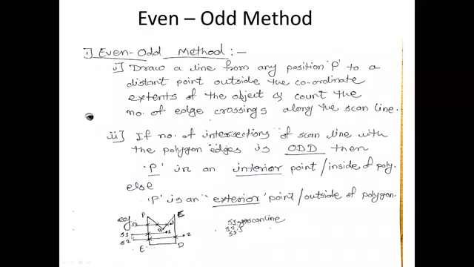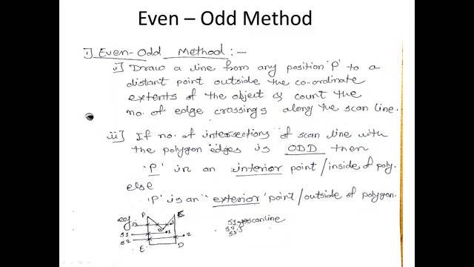Scan lines S1, S2, S3 are the three scan lines we have drawn up to the particular pixels. Now we have to count the number of edge crossings along the scan line, checking whether it crosses any of the edges. Here it has crossed one edge only, and that edge is AE.